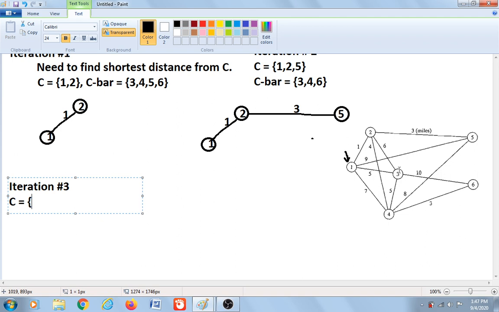So the shortest distance is from, that is to 4, right? So from 2 to 4. Okay, so this is the shortest one.